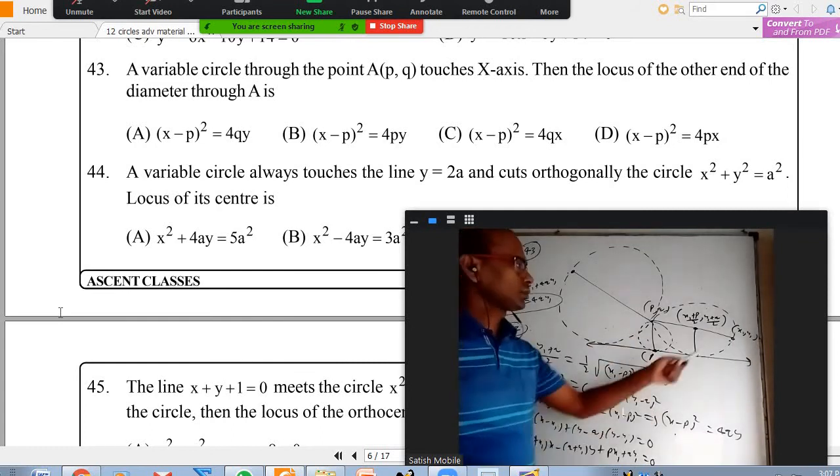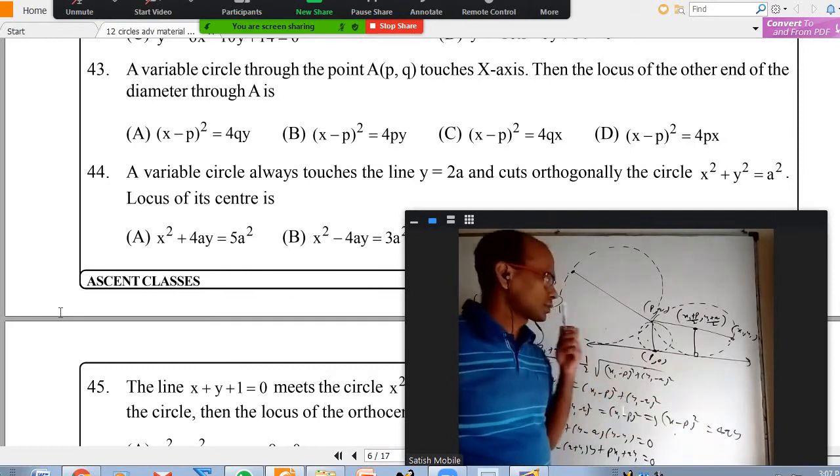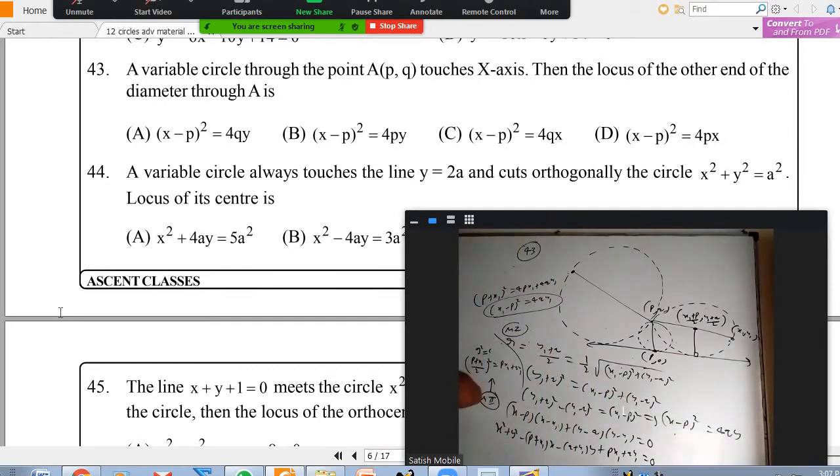At every point, the distance to this one is equal to the distance to this. This is actually distance to focus equal to distance to directrix.